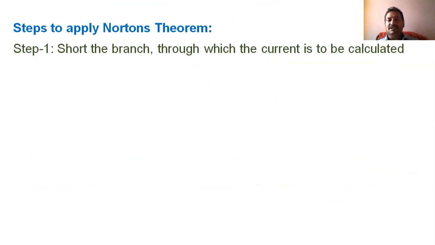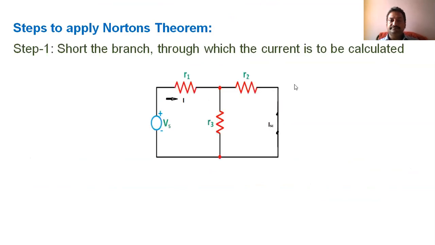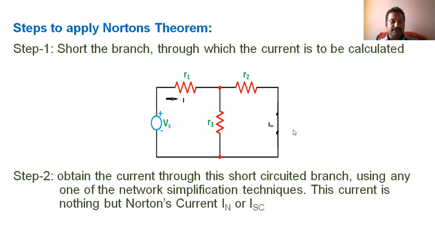But in the case of Norton's theorem, short the branch through which the current is to be calculated. This is the first step. Step 2, obtain the current through this short-circuited branch using any one network simplification technique.